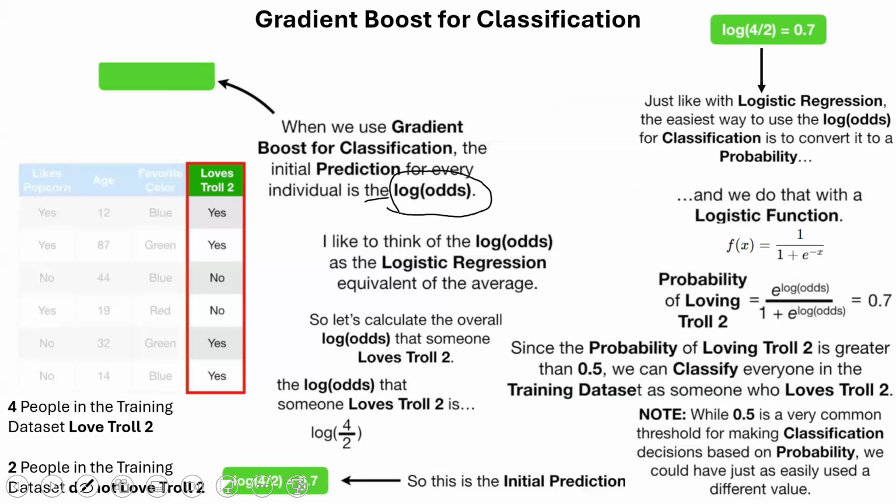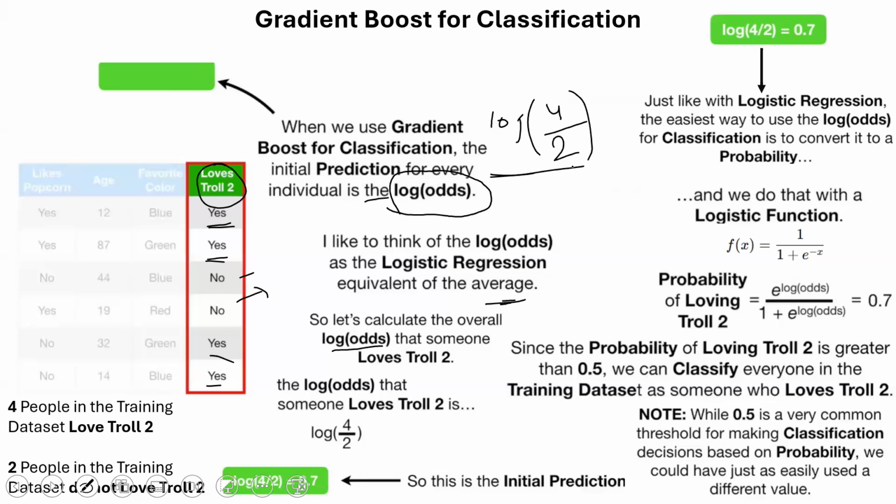Let's take that as an average kind of stuff. If you want to calculate the log of odds for this particular data set, how do you calculate it? It is log of the number of predictions made as yes by the number of predictions made as no. So 4 likes this movie, Troll 2, and 2 didn't like it.